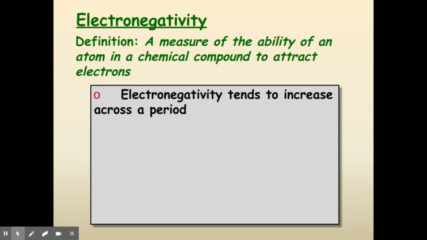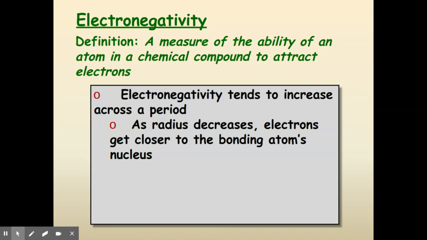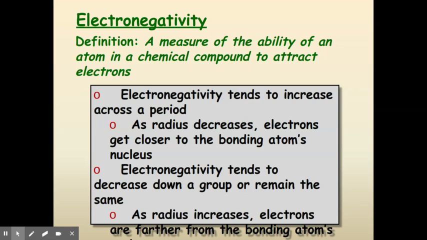Then there was electronegativity. This is the measure of the ability of an atom in a chemical compound to attract electrons. So how good are you at stealing electrons? When the radius increases, the electrons are farther from the bonding atom's nucleus, right? So electronegativity tends to decrease as you go down or remain the same.